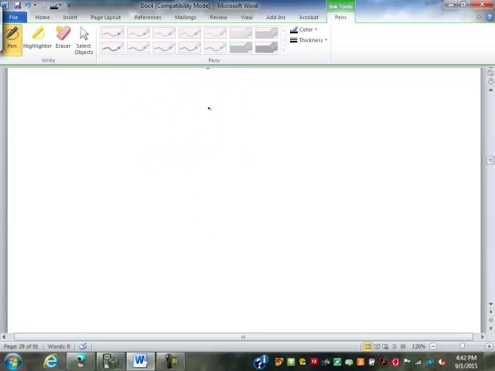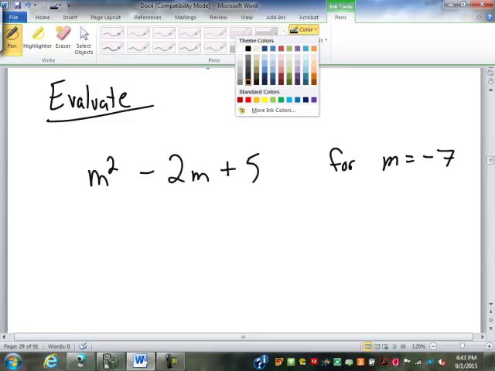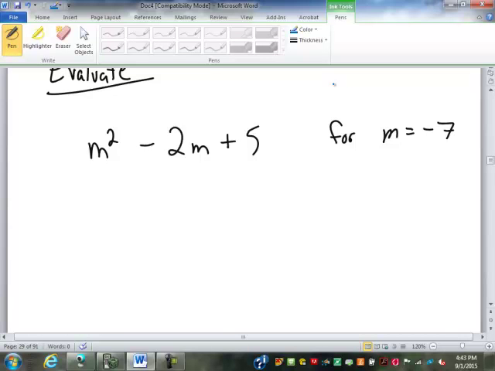Next, we might be given the command to evaluate and given something like this, for m equals negative 7. So what we're going to do, exactly what we were doing in the first hour, is replace m with the value negative 7.